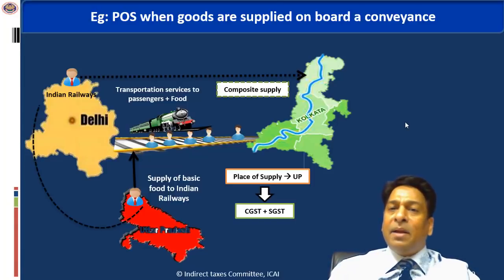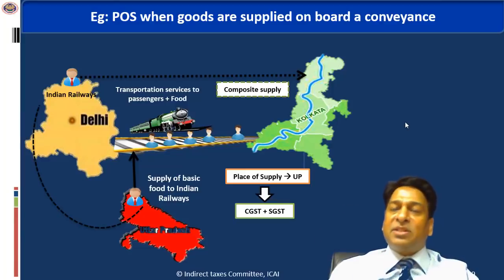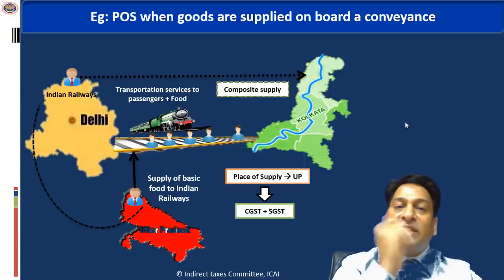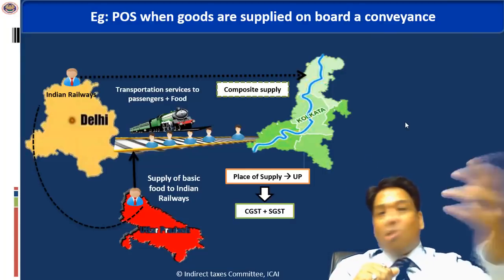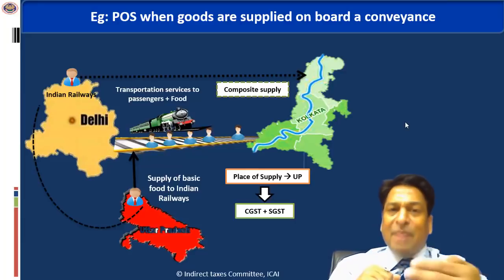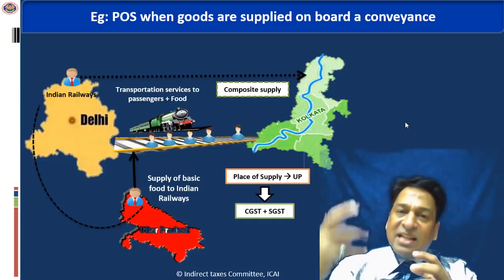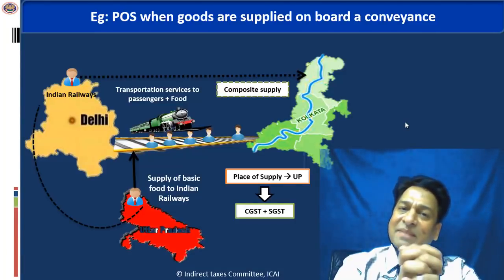So what happens when Rajdhani undertakes transportation of passenger services with food? Like we all know, when we go for these kind of services, we get snacks, we get dinner, we get morning breakfast. So these have been given free of cost. These snacks given free of cost are a part of my transportation passenger service.